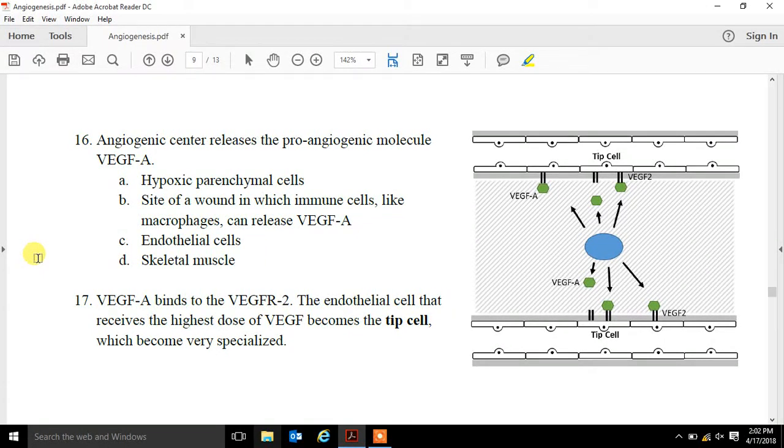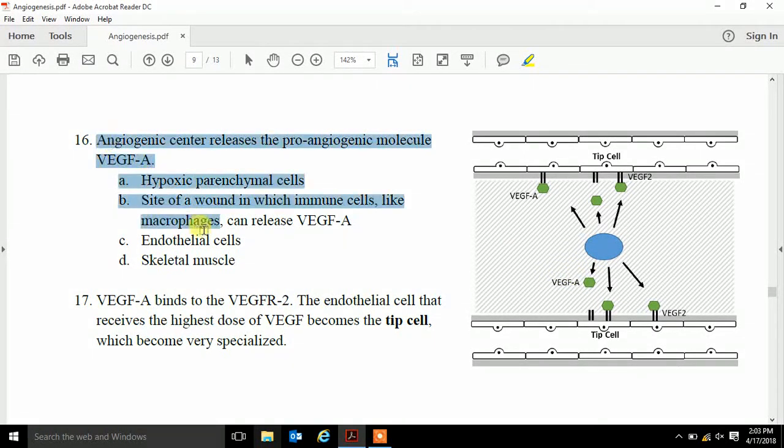The angiogenic center is just whatever that tissue, whether it's been damaged, maybe it's PGC1 alpha, whatever it may be, is causing the release of vascular endothelial growth factor A. So we've got some tissue here, and it's releasing VEGF.